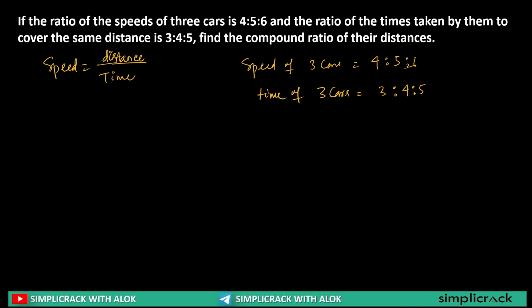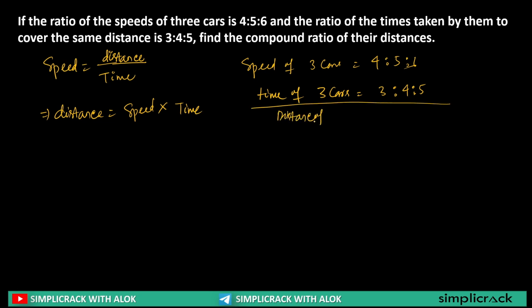We can simply solve these questions by, see, if speed is equal to distance by time, we can write distance is equal to speed into time. So we can find the distance of 3 cars by simply multiplying: 4 into 3 is equal to 12, 5 into 4 is equal to 20, 6 into 5 is equal to 30.